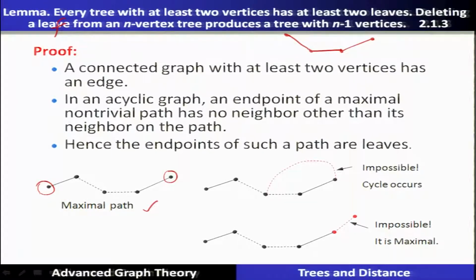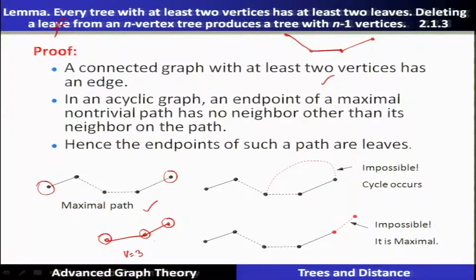For example, let us assume that the total number of vertices is 3 and 2 are the leaf nodes, and there is one more node available.